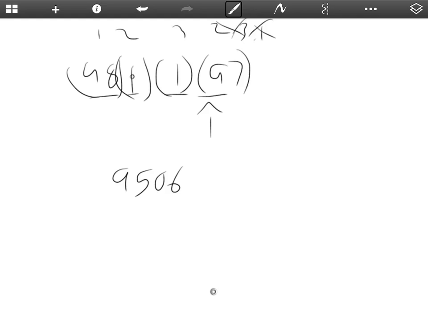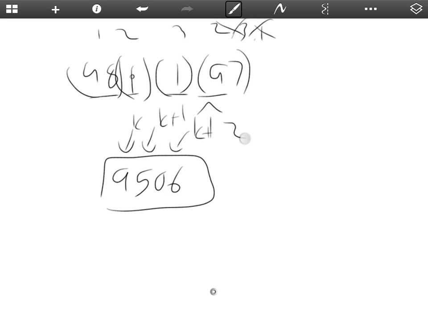This is going to give us the 4 permutations for k for a set that has a k plus 1 and a k plus 2. If a set has all 3 of those and a z, then there are 9,506 possible combinations of that kind of block.